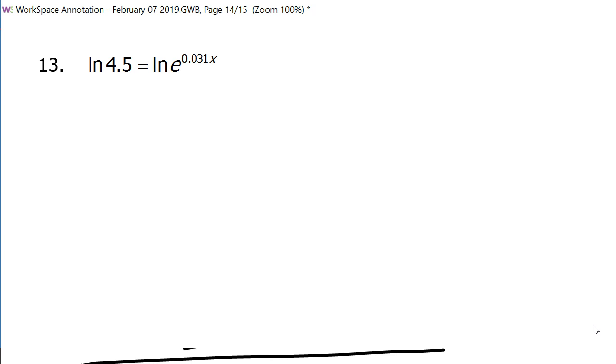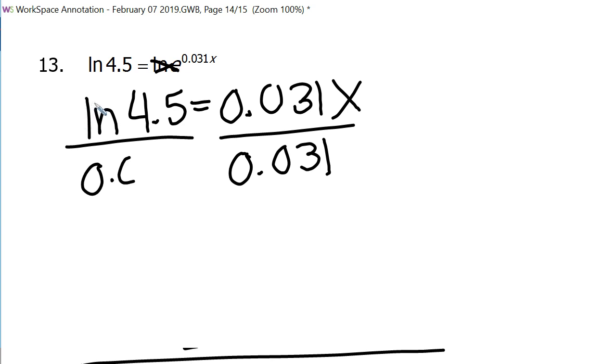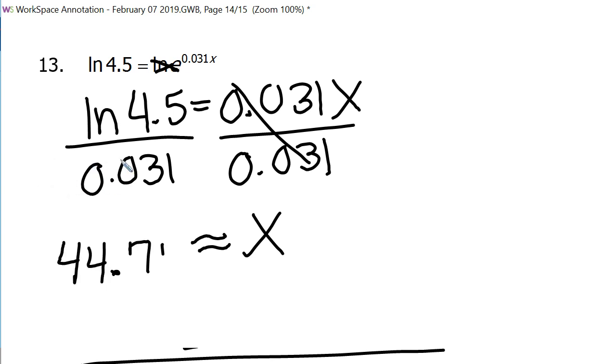Okay, number 13. What do you notice with 13? We already have natural logs, and what happens right here? Cancel. So this is natural log of 4.5 equals 0.031x. What's next? Divide both sides by 0.031. And round to the nearest thousandth, and what do we get? 44.719.